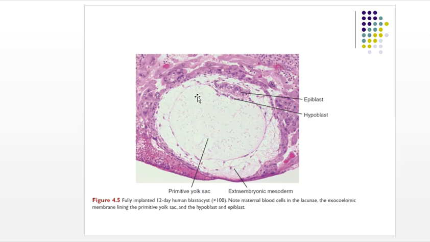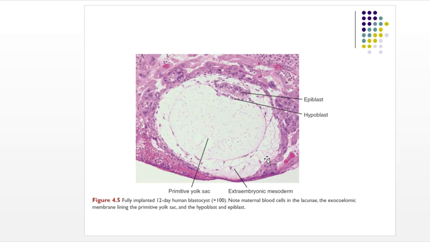Here again, the real embryo at 12 days, you can see the primitive yolk sac. This is the Heuser membrane. Here is the extra-embryonic mesoderm. Here is the cytotrophoblast layer, and the epiblast and hypoblast. The columnar layer is the epiblast and the cuboidal layer is the hypoblast.